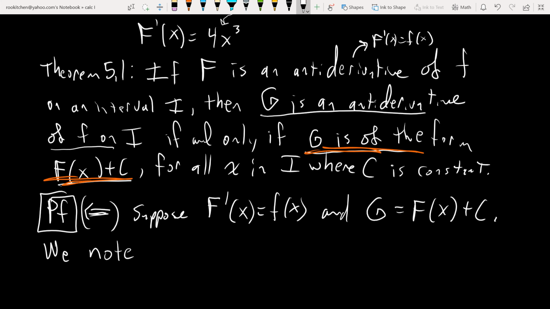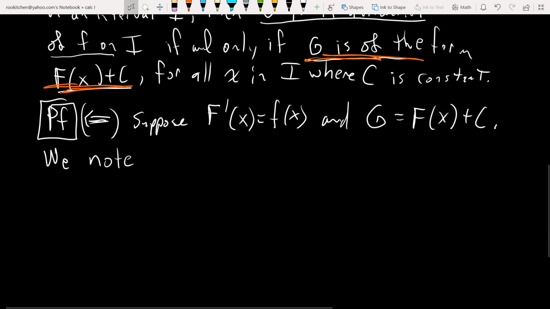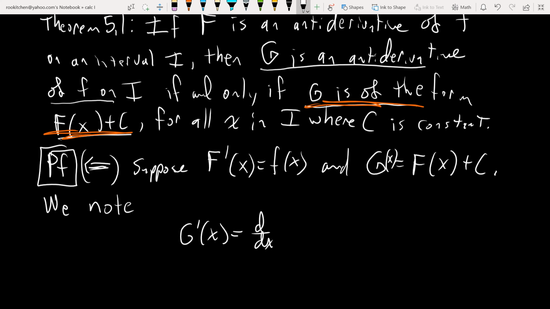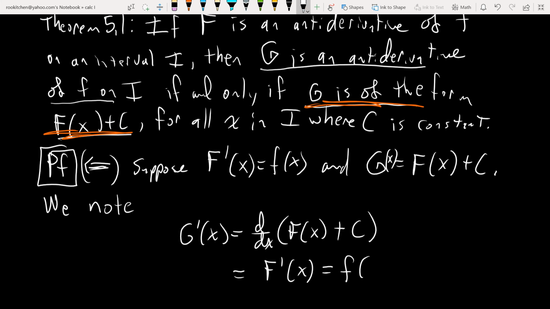We note then, and I should have written g of x here, the derivative of g of x, g prime of x, is equal to the derivative with respect to x of this, just by substitution, F of x plus c. That'll equal F prime of x plus 0. And of course, F prime of x is equal to little f of x.